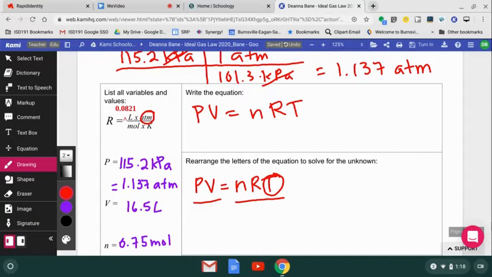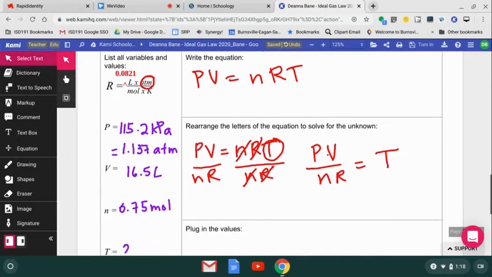So let's divide by N, R, and if I do it on the right, I have to do it on the left. N will cancel, R will cancel, and that leaves T alone on the right side of the equation. So PV over NR is equal to T.